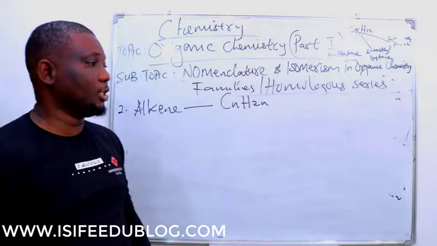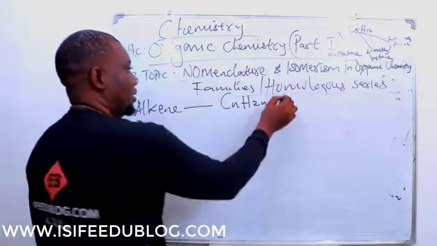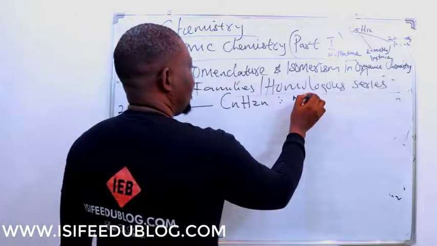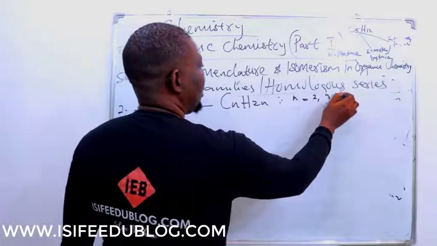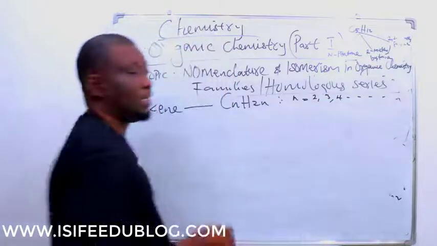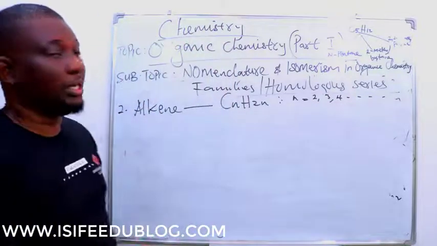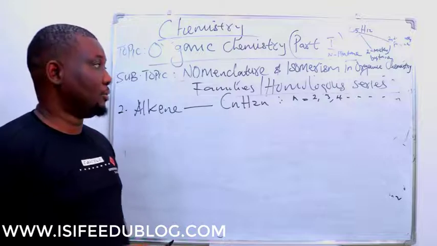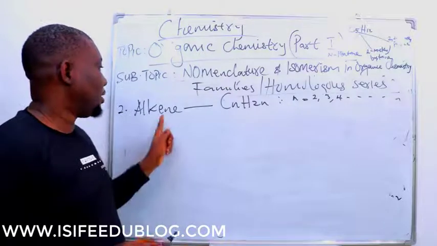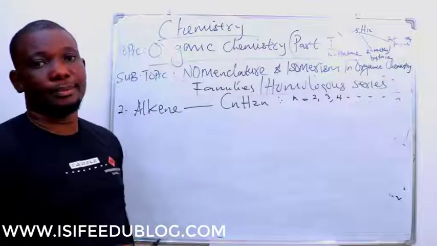So it's CnH2n. But you should know that the value of n starts from 2, 3, 4 until infinity. Please be aware of this. There is no n equals 1 in alkene.